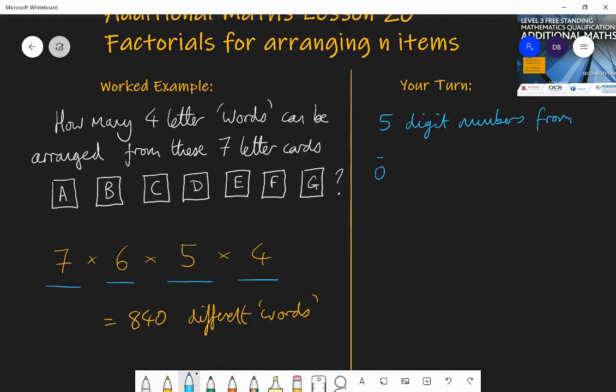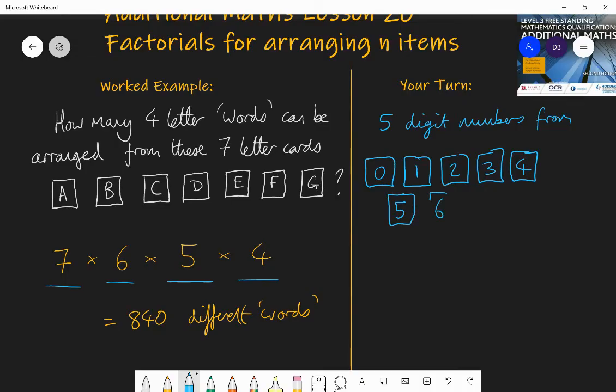So the cards are 0, 1, 2, 3, 4, 5, 6, and 7. So I'm using 8 cards. So how many different 5-digit numbers can be made from these 8 cards? So pause now, have a go, have a think, and write down your answer.